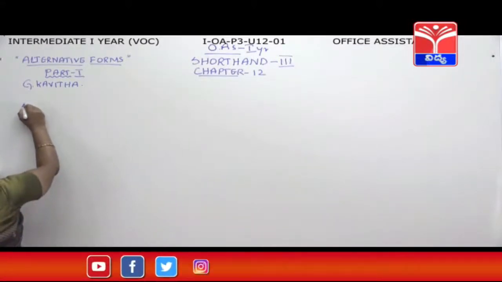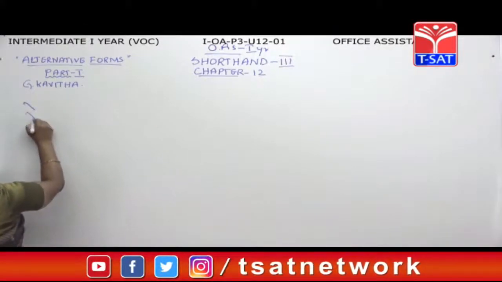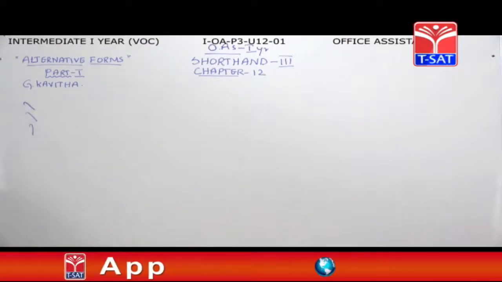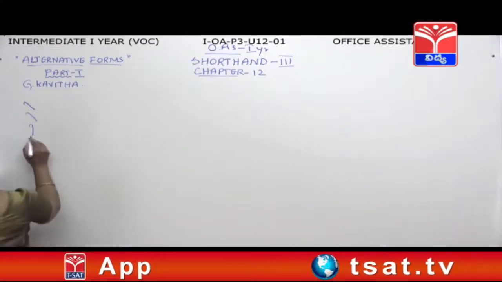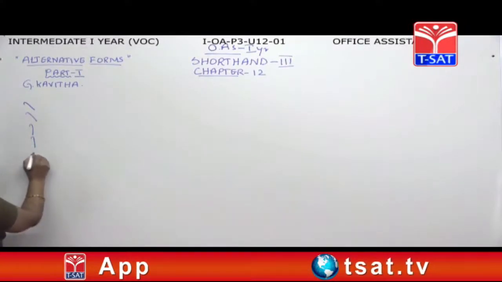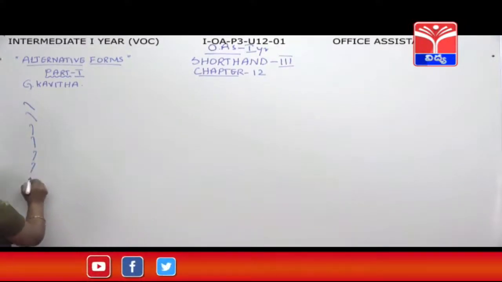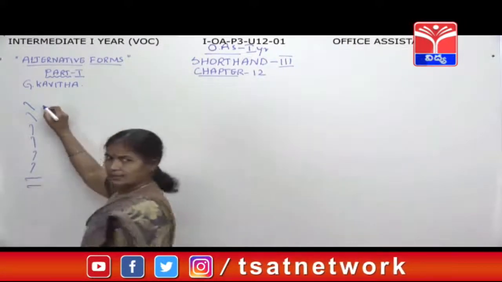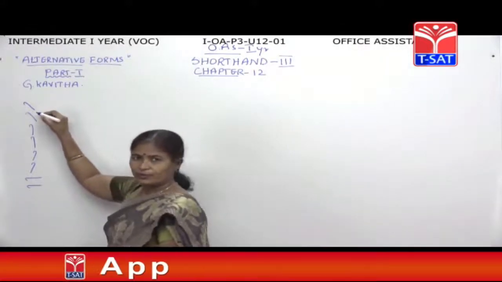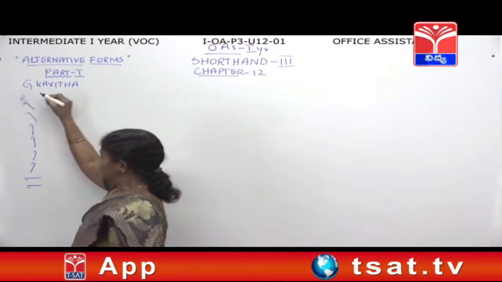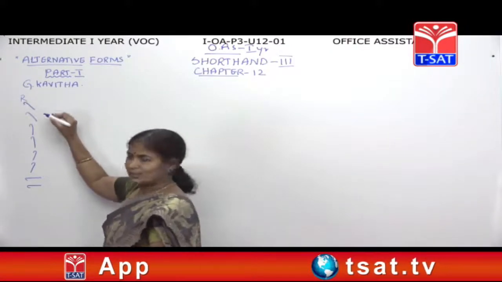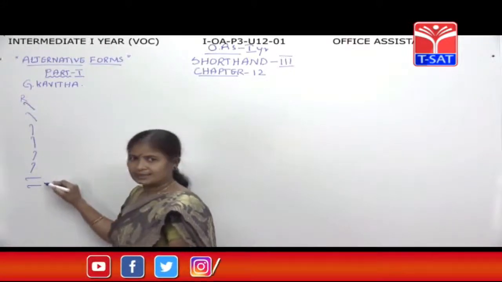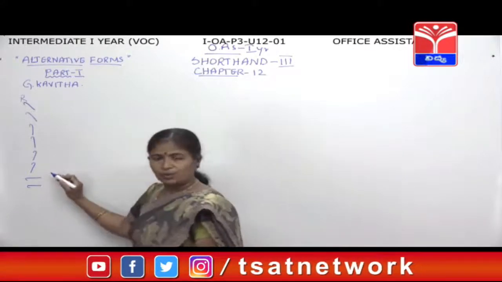So this is per, this is bar, this is ter, this is der, this is cher, this is jer, this is kar, and this is gar. Look here, all these are straight strokes hooked for R. Right motion gives the sound of R hook to all straight strokes. So per, bar, ter, der, cher, jer, kar, and gar. These are all R hook to all straight strokes.